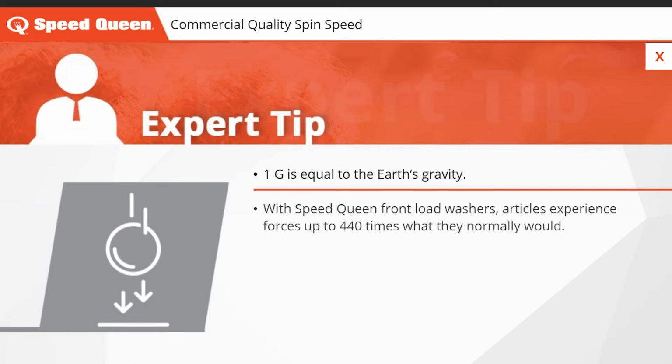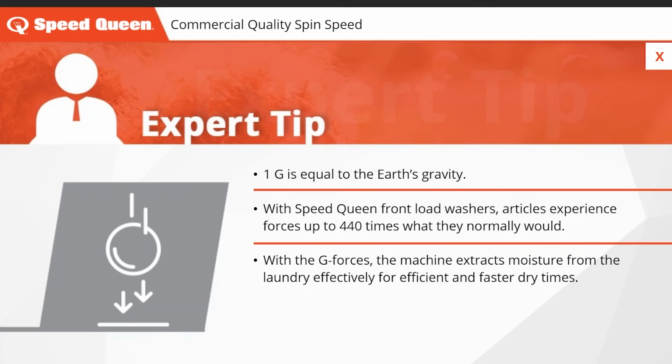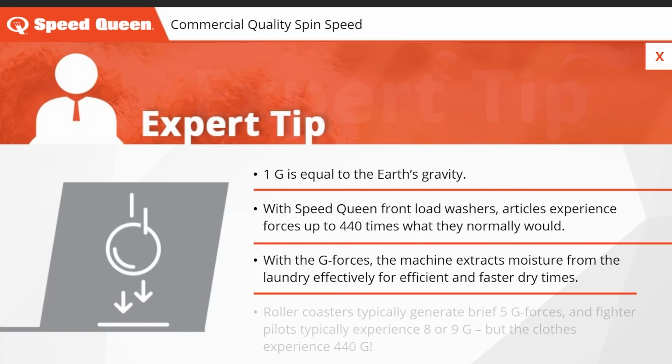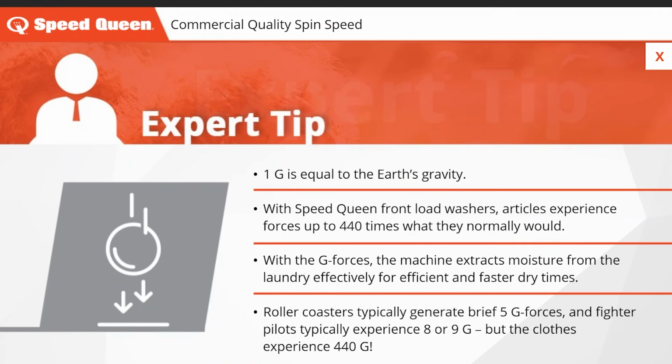That means Speed Queen front-load washers spin quick enough that articles inside experience forces up to 440 times what they normally would. With these G-forces, the machine extracts moisture from the laundry effectively, creating more efficient and faster dry times. Roller coasters typically generate brief 5 G-forces, and fighter pilots typically experience 8 or 9 G, but the clothes experience 440 G.